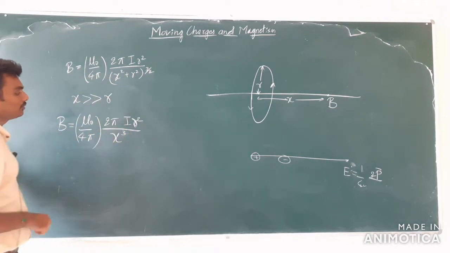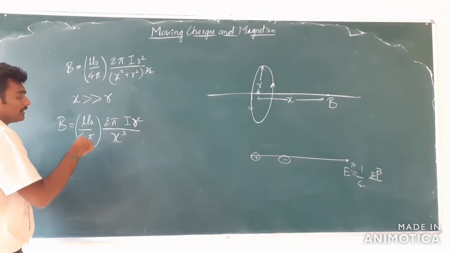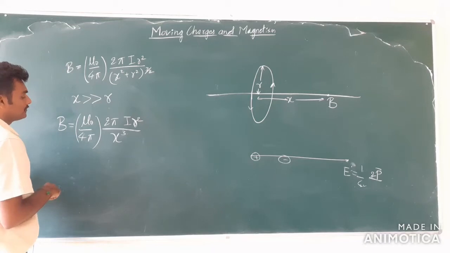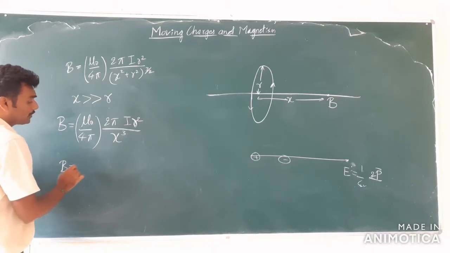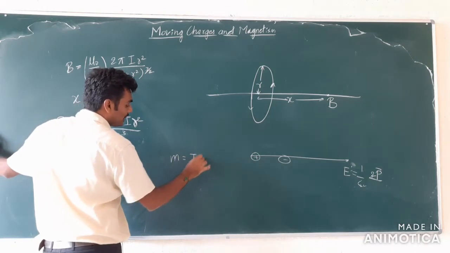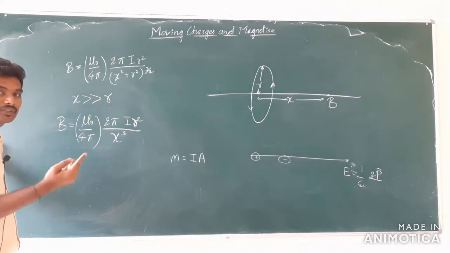So, it is x cube which is left. And now, what I want to introduce here is the term m, the magnetic dipole moment, right? How do I do that? We already know magnetic dipole moment is given by I into A. Right? It is NIA. Number of turns chosen is 1 here.